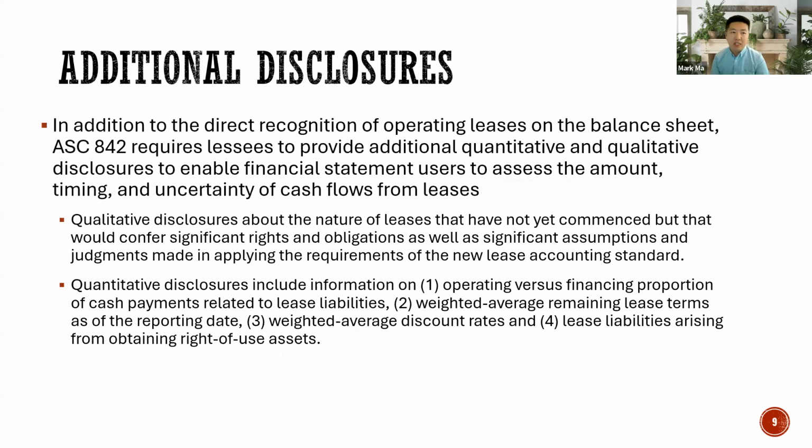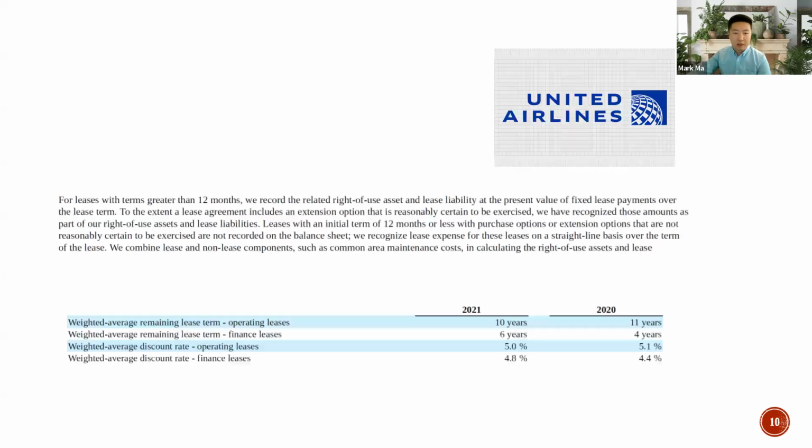So just some examples. Qualitative disclosures may include information like certain assumptions firms use in the calculation of operating lease liabilities. And the quantitative information could include the weighted average remaining lease terms and also the weighted average discount rates.